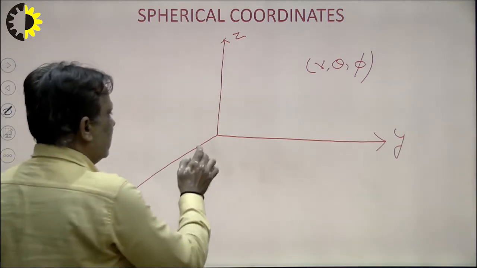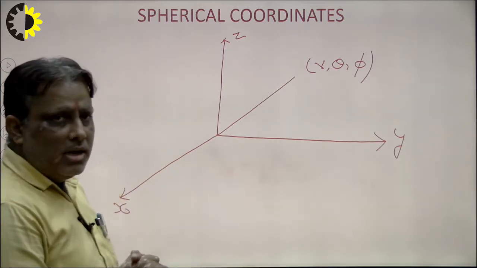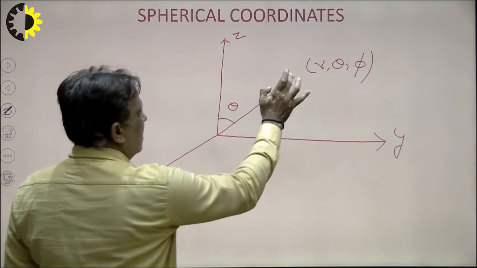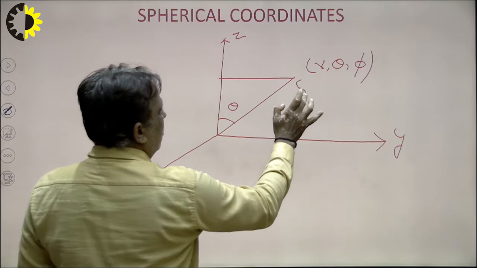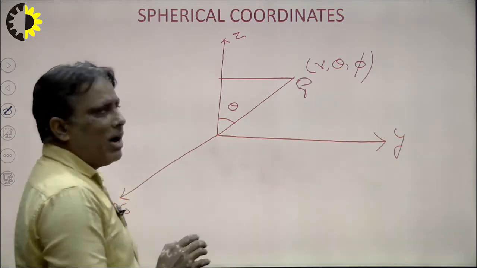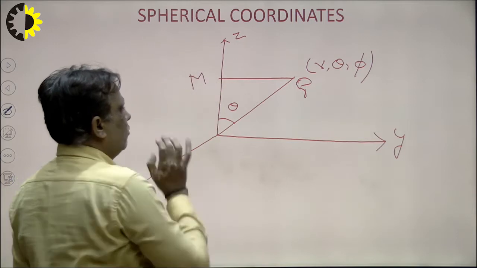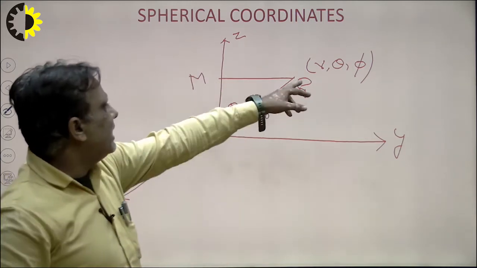How to consider them? Suppose I draw a line here. This is the position vector of this particle, and this angle will be theta. Suppose I draw the perpendicular here, suppose this is O, this is say P, and this is M, and this is equal to r. So the question is, what is PM?